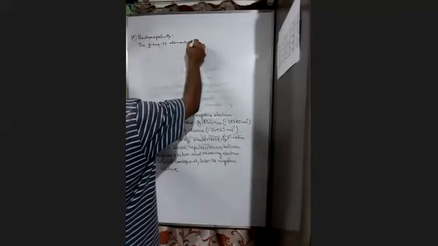Then comes electronegativity. Same thing. The group 17 elements are the most electronegative.